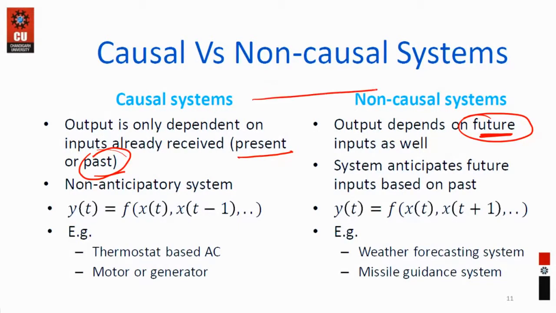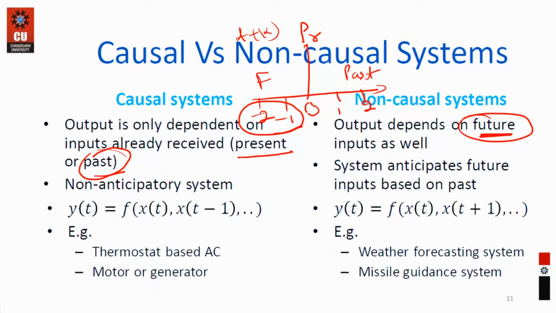Again, if I have to draw the number line, this is my present 0, this is my 1, 2, this is my -1, this is my -2. So this is the future, this is the past, and this is the present.